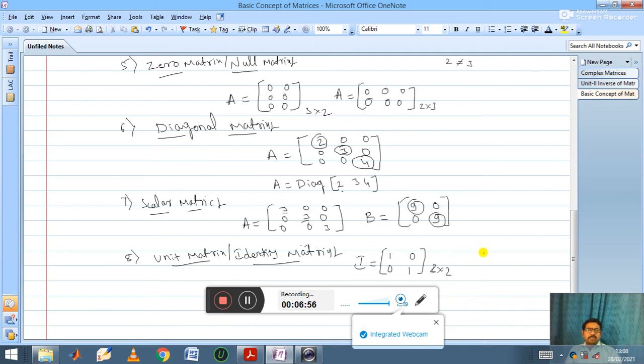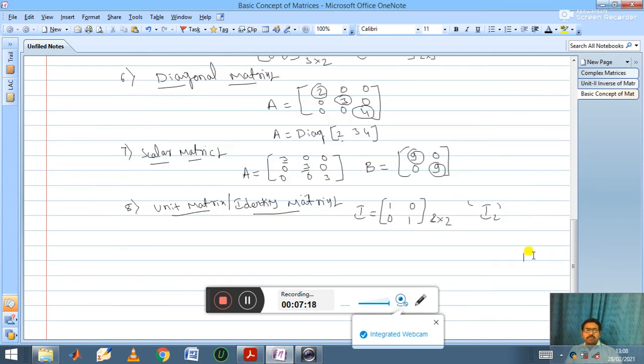Usually for an identity matrix we write I2 as short notation. I2 uses only one number as suffix, that is I suffix 2. I suffix 2 indicates that it contains 2 rows and 2 columns, so it is understood that it is 1 0 0 1. You can also write I3. I3 represents the matrix 1 0 0, 0 1 0, 0 0 1.